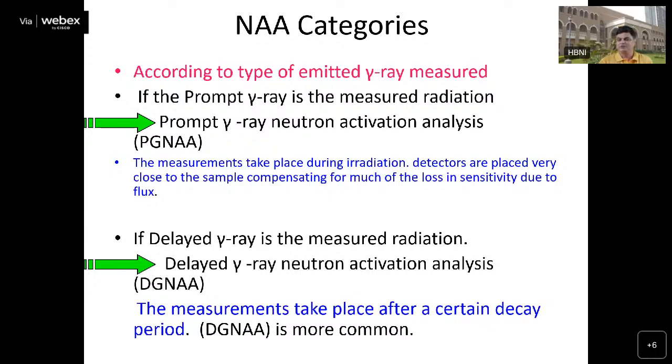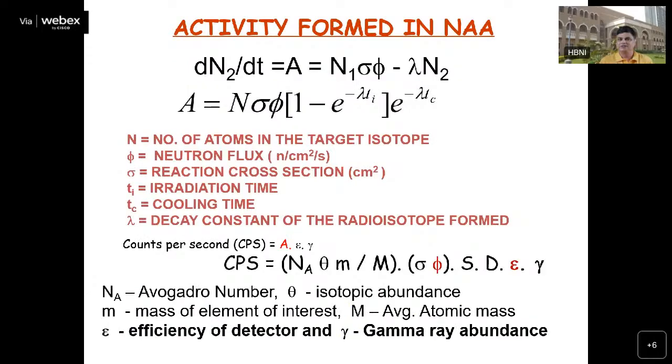If nothing is specified, it means the analysis is performed using DGNAA. And the activity found in neutron activation analysis is calculated using A = N sigma phi multiplied by (1 minus e raised to the minus lambda Ti) and e raised to the minus lambda Td, and so on. Here Ti and Tc, Ti is for the irradiation time only, and this is once the activity has been formed.